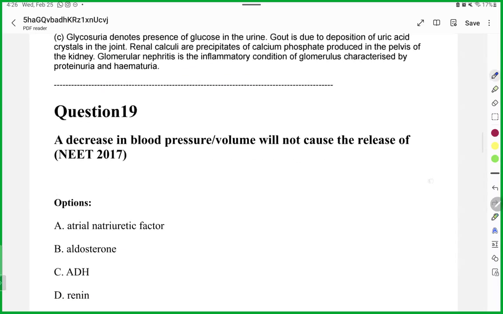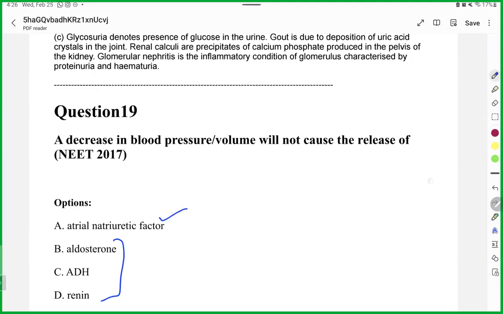Jordan. A decrease in blood pressure will not cause the release of which one? Option B, sir. Understand? No. All three have the same function.